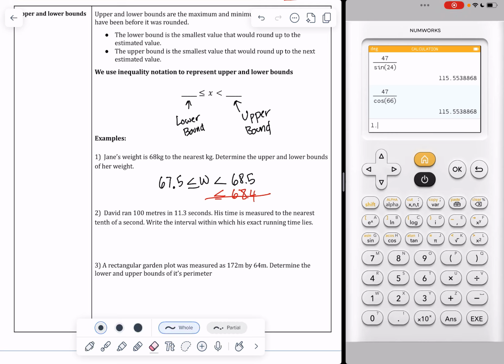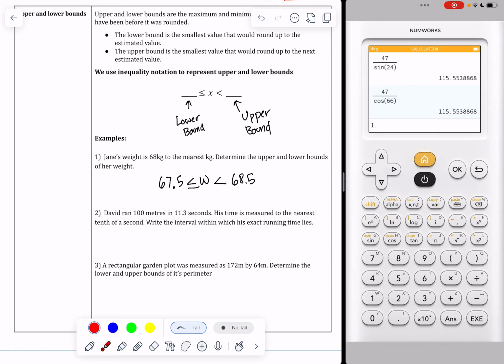So we want to use the boundaries with 0.5 using the less than sign. So it's always going to be a value with 0.5 on either side. Okay, so Jane's weight could have been anything from 67.5 kilograms to 68.5 kilograms.